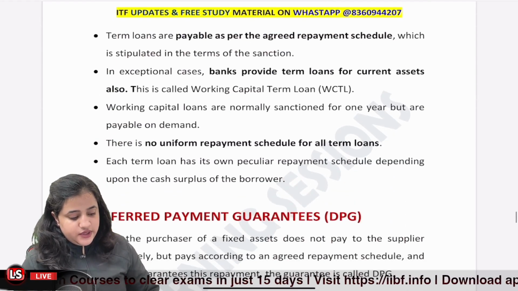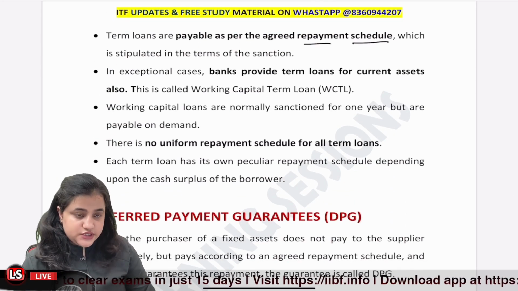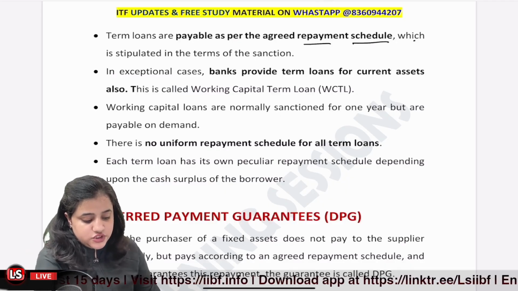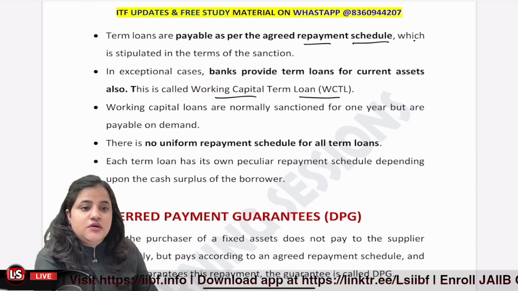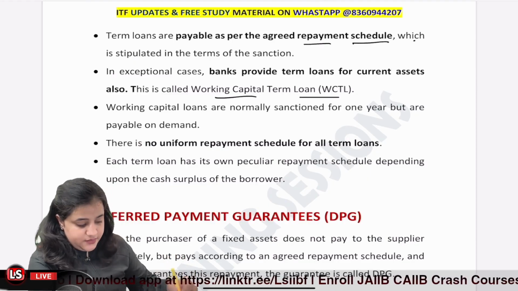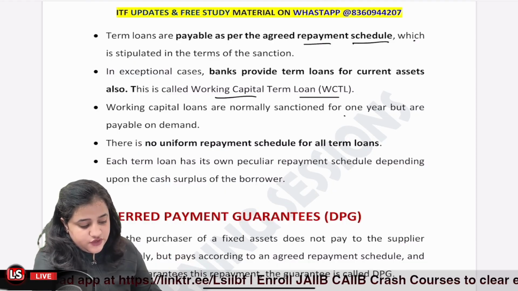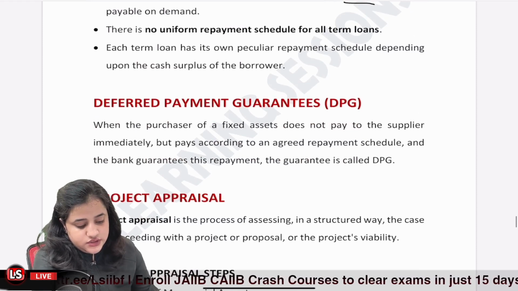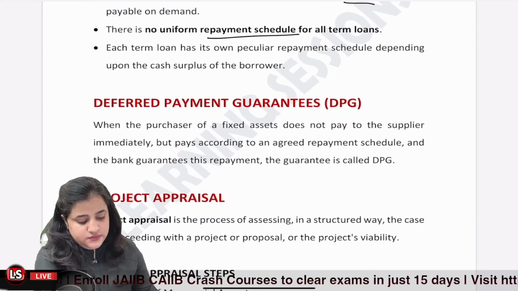Term loans are payable as per agreed repayment schedule, and in some cases the bank can also provide us a working capital term loan. So a loan that is not for fixed asset but for working capital, and normally working capital loans are for 1 year and payable on demand. So in working capital loan we do not have any repayment schedule.